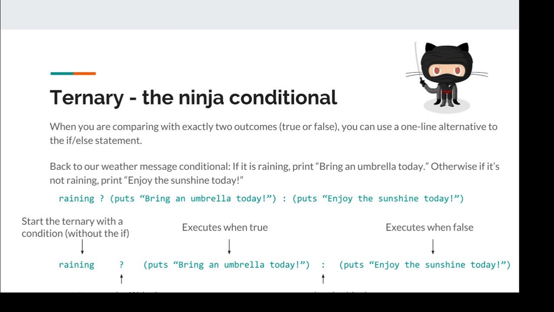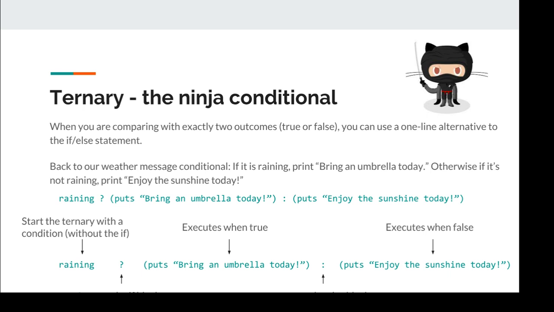Now, in the code blocks, so you use a ternary when your code blocks are really small. A lot of times you use a ternary when the block is only a single word or a single expression. Because we have two words in these blocks, we have to put parentheses around it. Okay? A lot of times you'll see ternaries get used when there's a single expression that's executed in the code block, and always when there are exactly two outcomes.